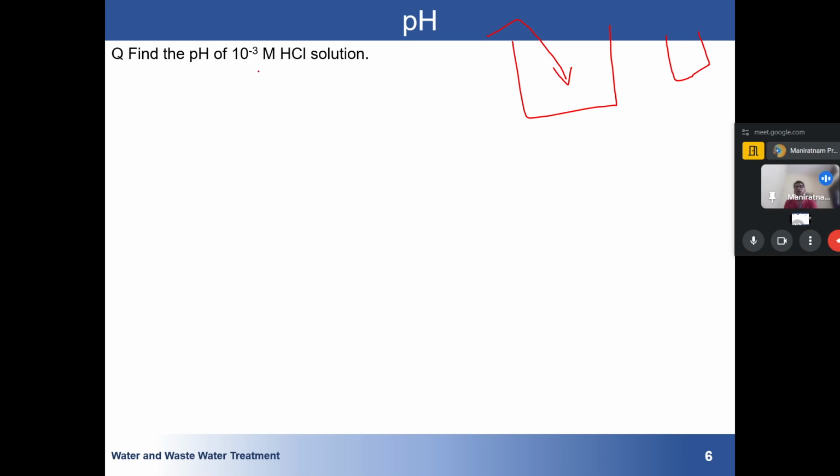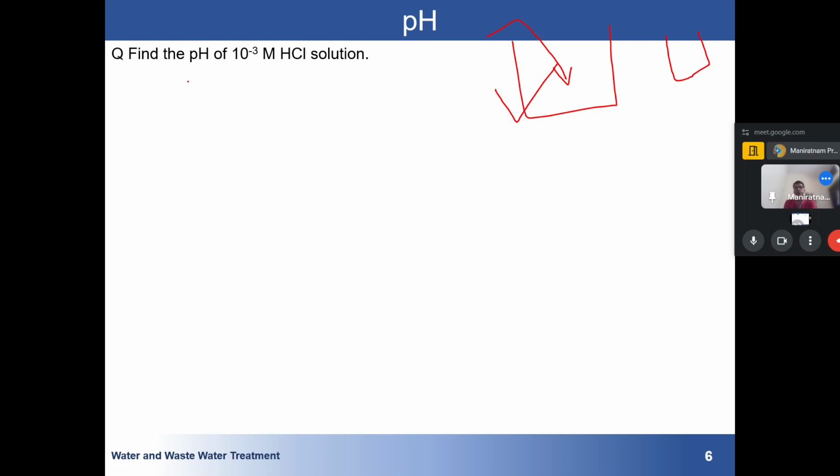Someone will ask you to prepare 10 to the power minus 3 molar HCl. Based on some calculation you prepare it, and if you measure the pH with a probe and it comes out to be 3, you can say the concentration of that acid is 10 to the power minus 3. But here we are going in the opposite way. We know that we have prepared 10 to the power minus 3 molar HCl, and we have to find the pH of that system.